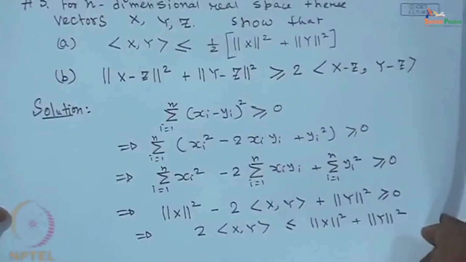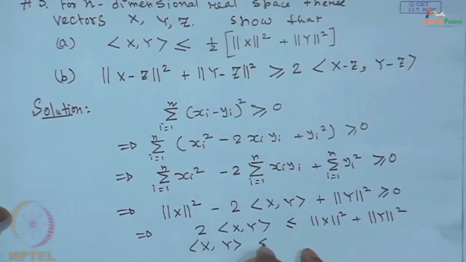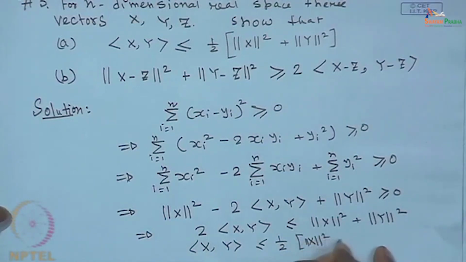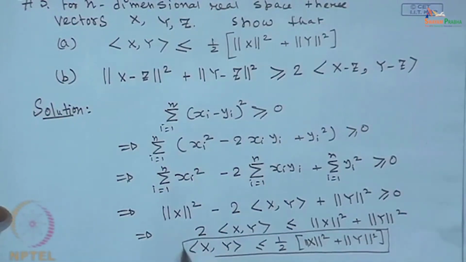That one will be nothing but the inner product between x and y should be less than or equal to half of norm of x square plus norm of y square. So, that proves the relationship we wanted to prove.